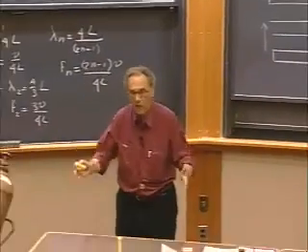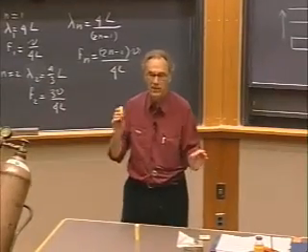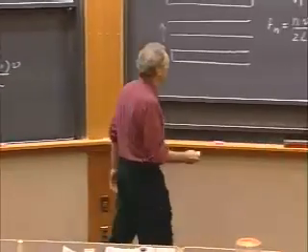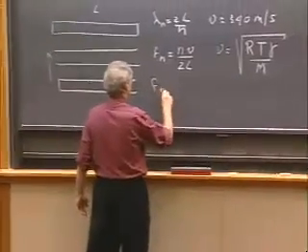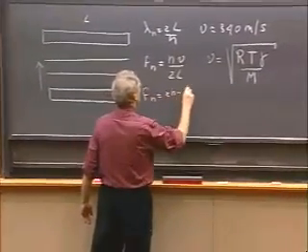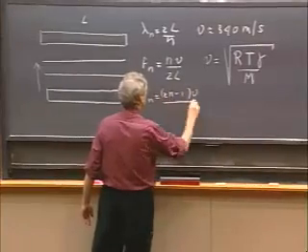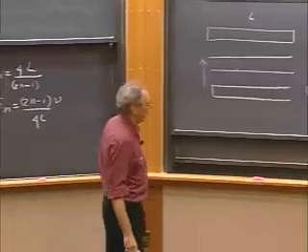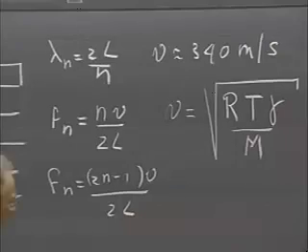A clarinet comes very close to being almost closed at one side and open at the other, but there are many musical instruments which are open on both sides. So then you would have here that f of n equals 2n minus 1 times v divided by 4L. So then you have indeed this case which we dismissed for string instruments.